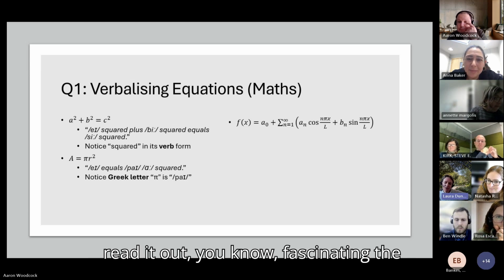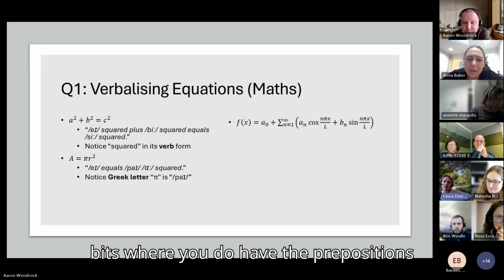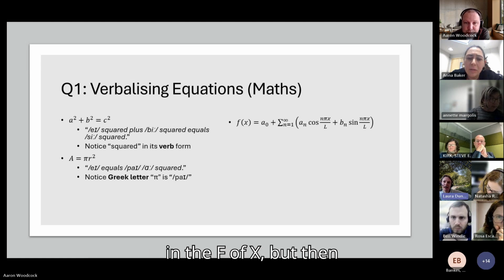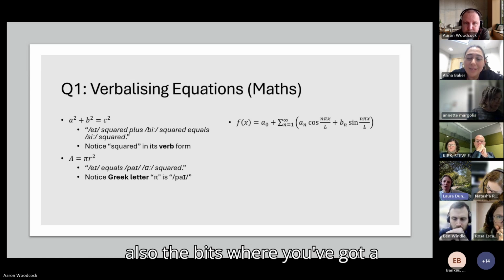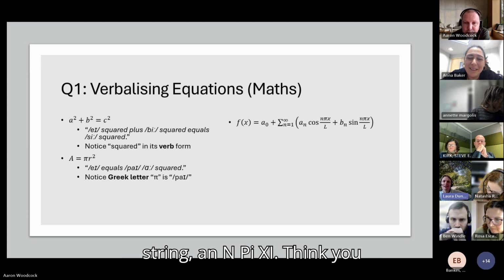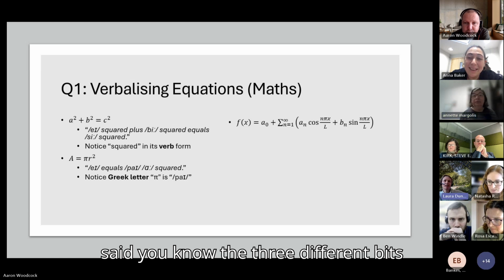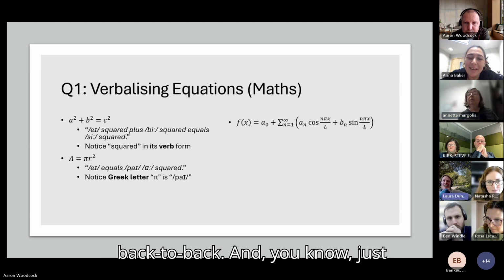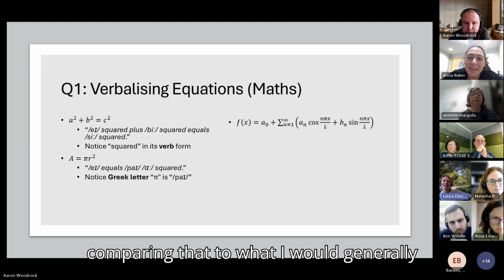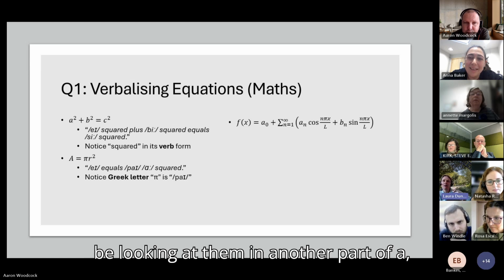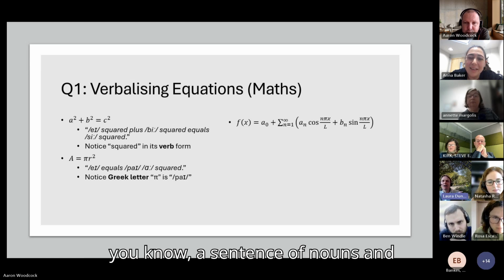But hearing you read it out, it's fascinating: the bits where you have the prepositions in f of x, but then also the bits where you've just got a string, n pi x, three different bits back to back, compared to what I would generally be looking at in a sentence of nouns and compound nouns.